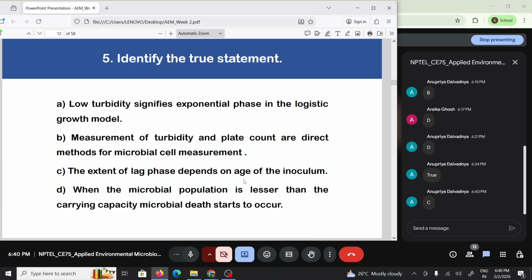Ma'am, screen is not visible. Is it same with everybody? I'm not able to see the slide. Is it same for everybody? Can someone just respond in the chat at least?